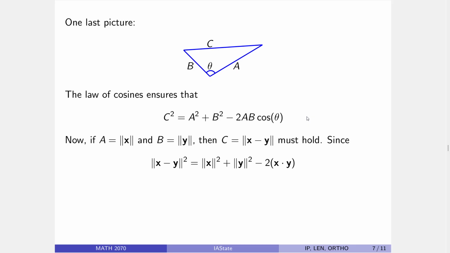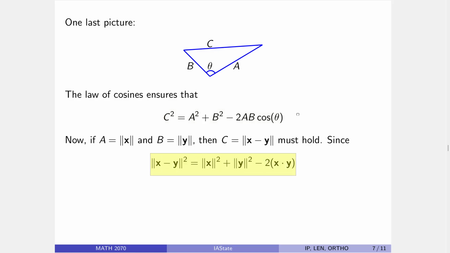Now, note that if I represent a, that length, as the length of a vector x, b as the length of a vector y, then c must be the length of their difference, because again, it's the distance between the two. And, oh, hey, this looks a lot like what we just computed. That right there.